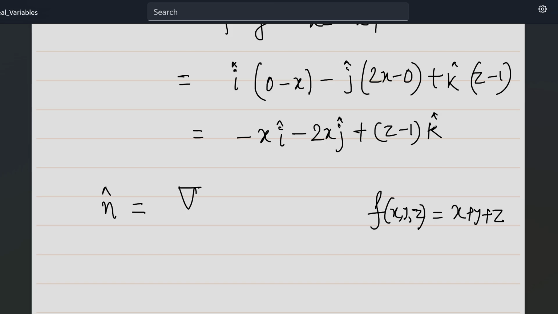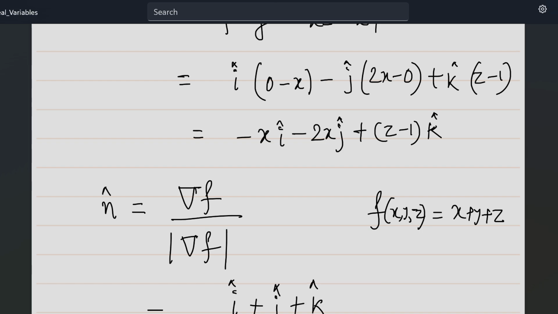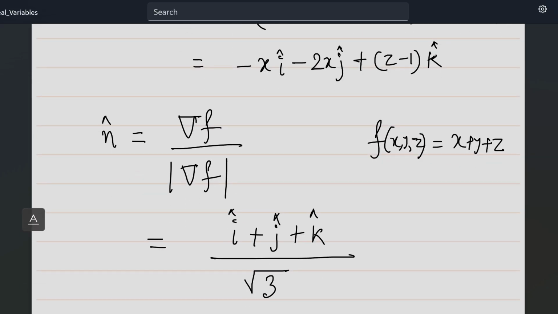It is grad f by mod grad f. Now I told you, grad f means i del del x plus j del del y plus k del del z of f. So it is i plus j plus k, because every coefficient is 1, divided by root of 1 square plus 1 square plus 1 square, which is root 3. Correct? Up to this. Yes, sir.